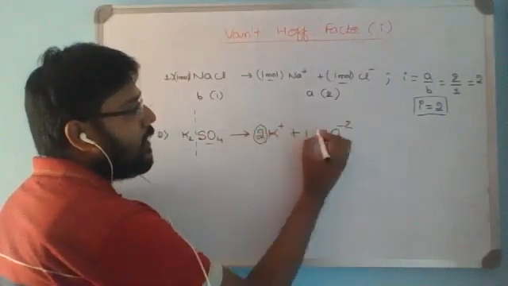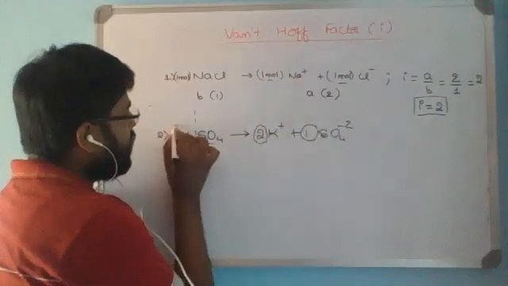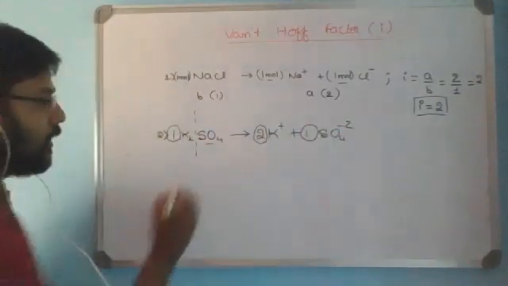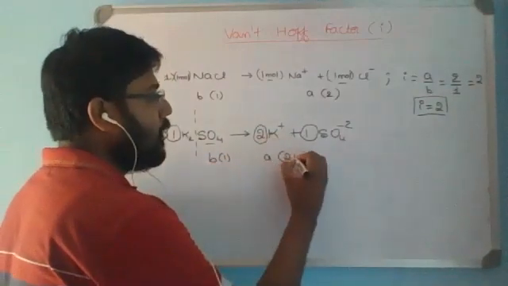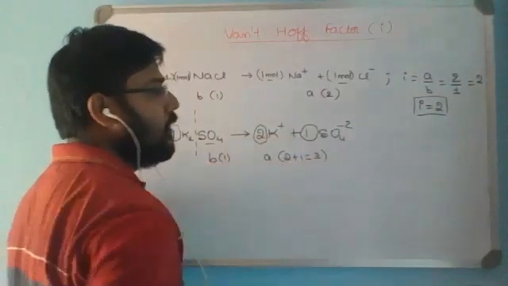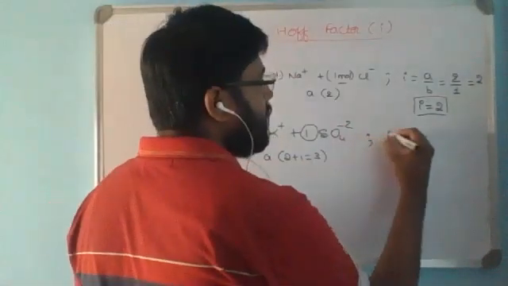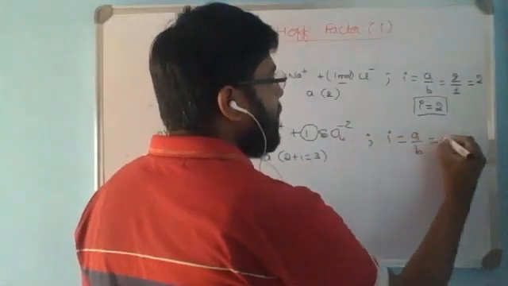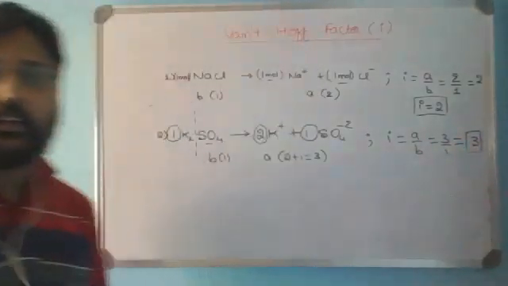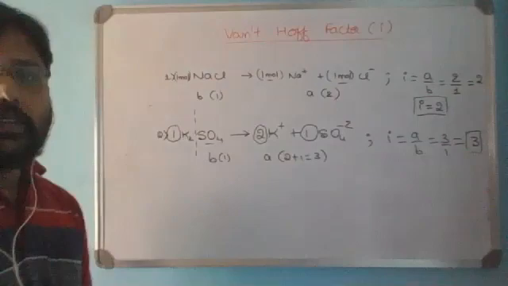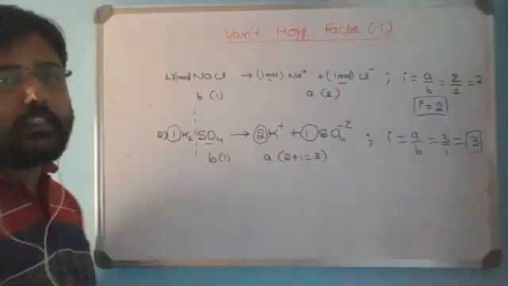Before addition, it is 1 mole. Hence before 1, after addition it is 2 plus 1, that is 3. Hence the Van 't Hoff factor is A by B, 3 by 1, which is equal to 3. The Van 't Hoff factor for potassium sulfate is 3.